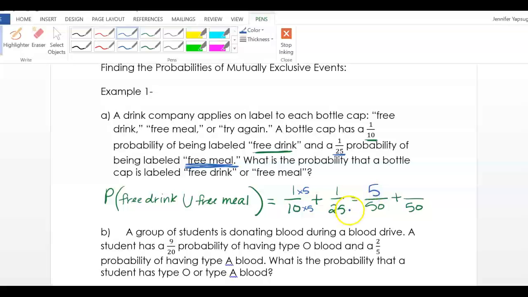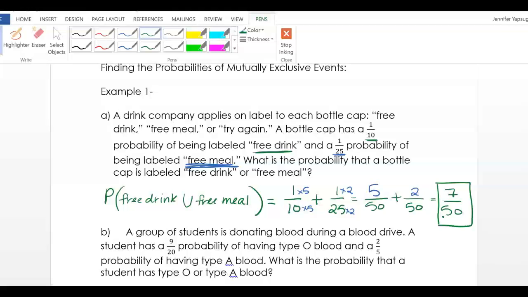And for 25, I would multiply by 2, so I get 2/50ths. Then I simply add, and I get an answer of 7/50ths. And that would be my probability of getting a free drink or a free meal.